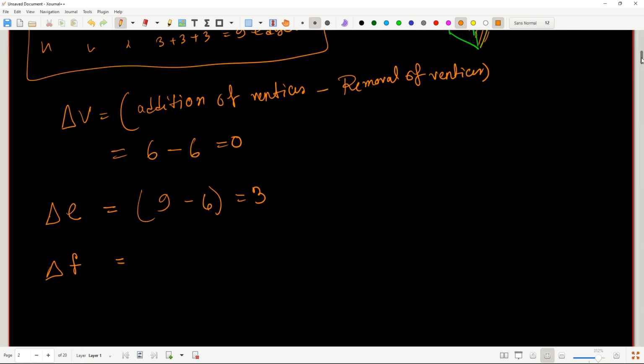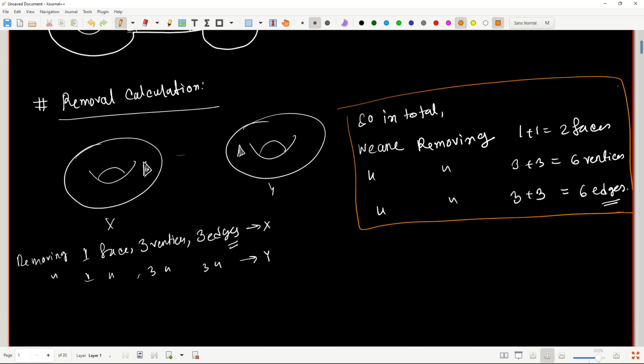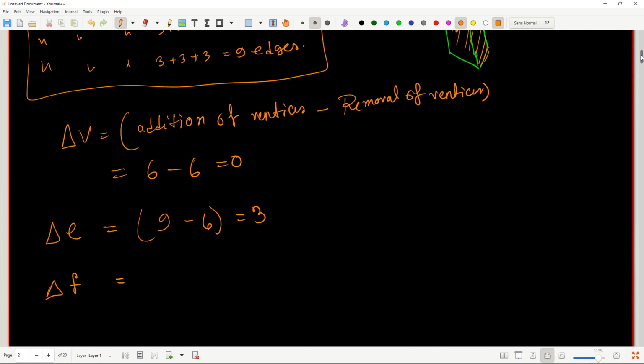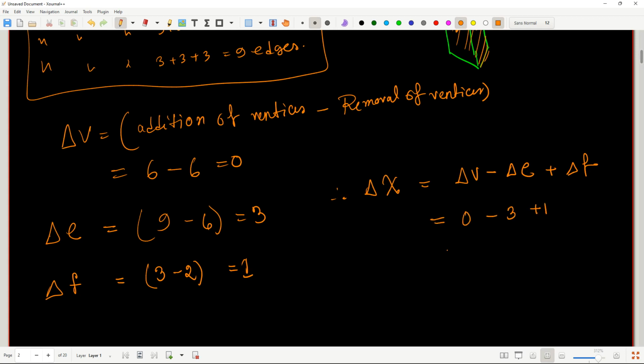We removed 2 faces, right? And added what? 3 faces. So we added 3 faces and removed 2 faces. So this is just 1. So finally, the difference between the Euler characteristic is del V minus del E plus del F. And this is 0 minus 3 plus 1. And this is minus 2, right?